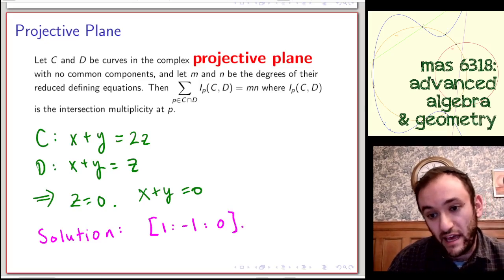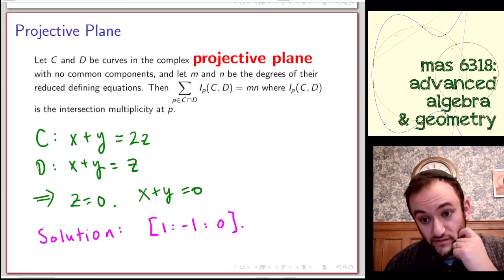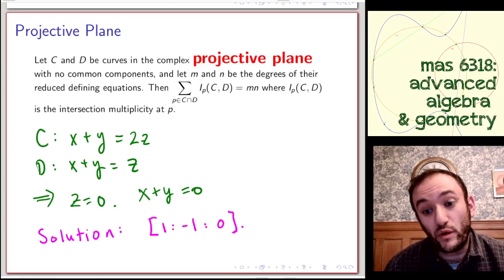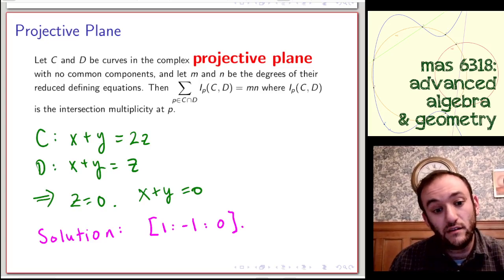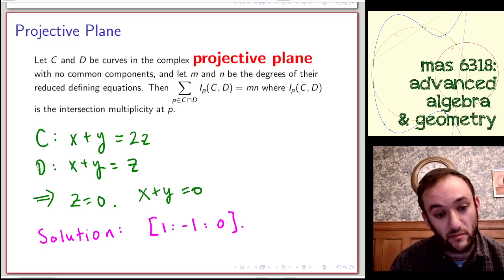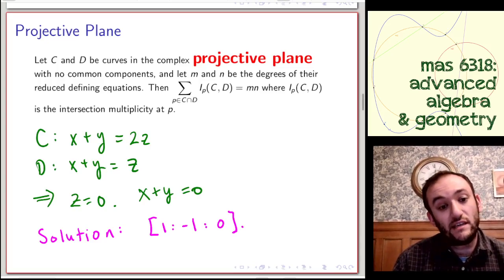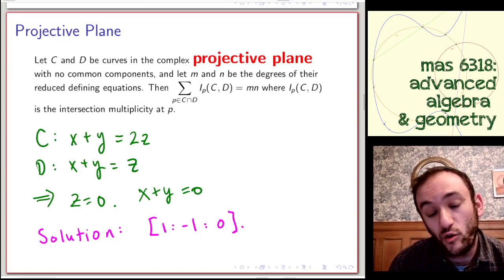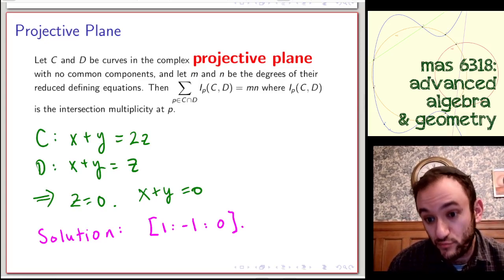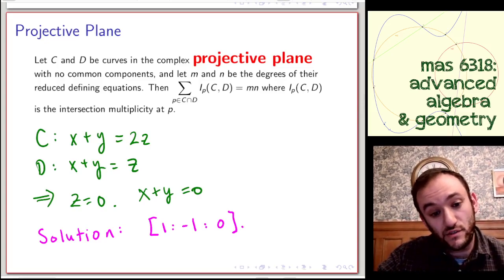And indeed, any other pair of representatives would be describing the same point in projective space, remembering that whenever you scale the homogeneous coordinates of a point in projective space, you're still talking about the same point. So this is the unique solution point, and we needed to move into homogeneous coordinates over the projective plane to solve it.